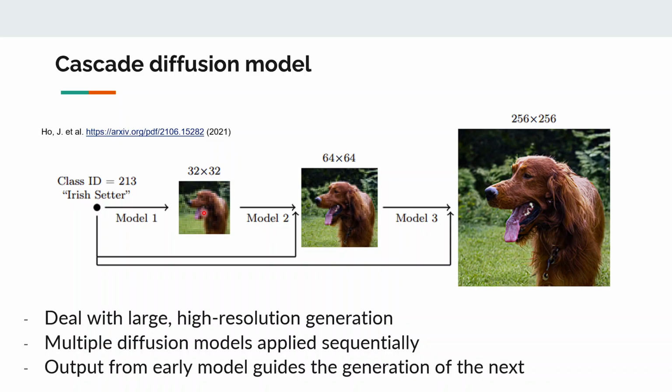Then the model can reverse the process to create a better and better, higher resolution, even clearer image, until at the end you get a very sharp, very clear image of a dog that looks like an Irish setter. And this was 5 years ago, so we have had this capability for a while.